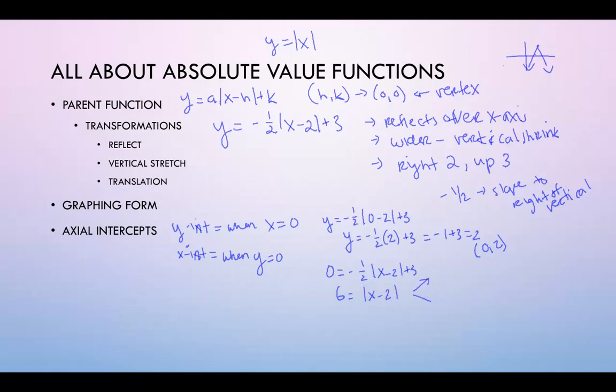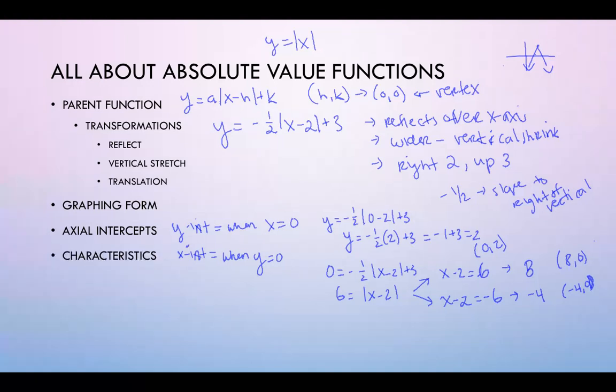This is where I'm going to get inside those absolute value bars. X minus 2 could have equaled 6, right? The absolute value of 6 is 6. Or x minus 2 could have equaled negative 6, because the absolute value of negative 6 is 6. So I'm going to get that it could have been 8, or it could have been negative 4, right? So 8, 0, or negative 4, 0. The points. Be careful that you're not writing it as a line.